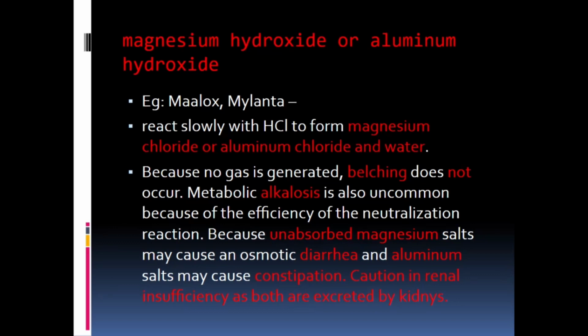Unabsorbed magnesium salt may cause an osmotic diarrhea, and aluminum salt may cause constipation, which I told you in the beginning of the lecture. And caution in renal insufficiency, as both are excreted from the kidney. If the kidney functions are compromised, there may be increased levels of these salts in the body, which will create trouble.